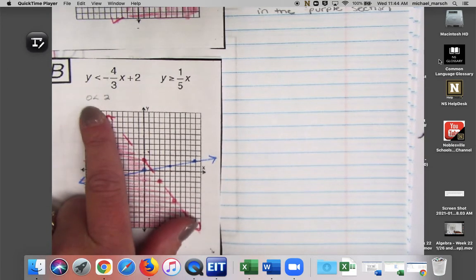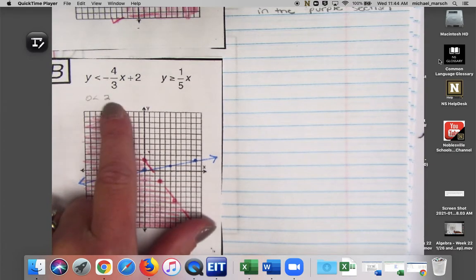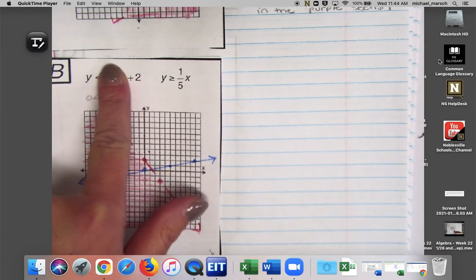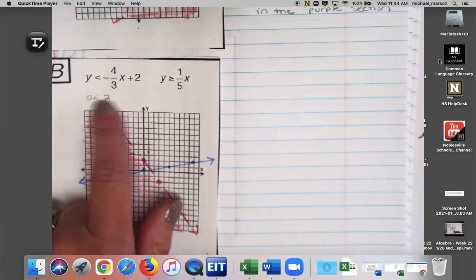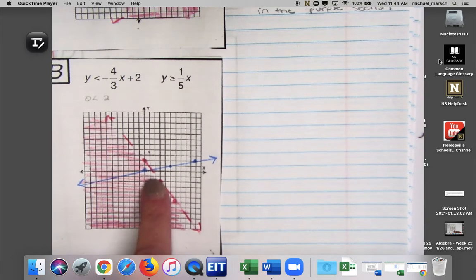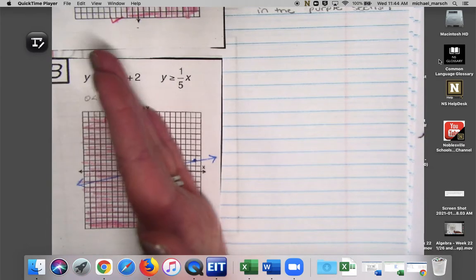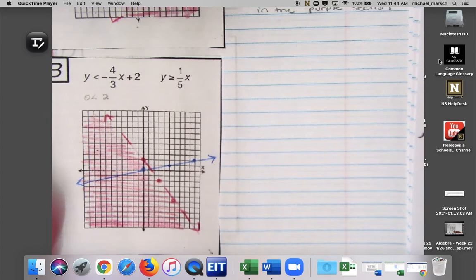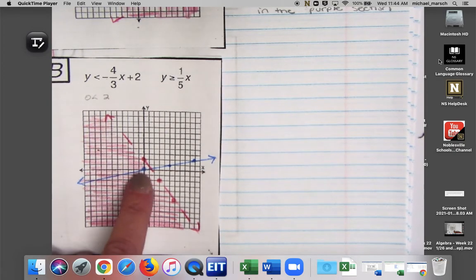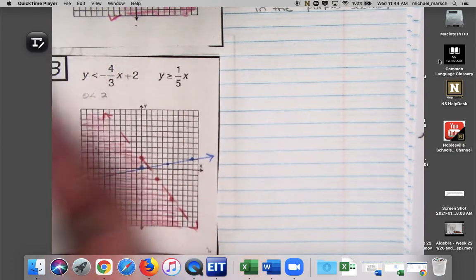Because when I put 0 in for y and then 0 in for x, this cancels out because -4/3 times 0. So I get 0 is less than 2, which it is. So that tells me that the ordered pair 0, 0 is part of the solution for that inequality. So the origin would work. So I have to shade towards the origin.